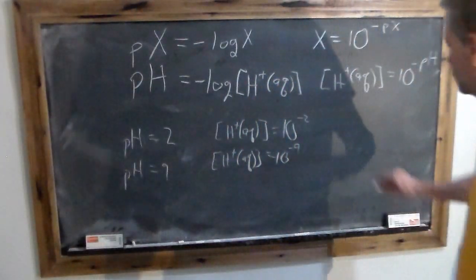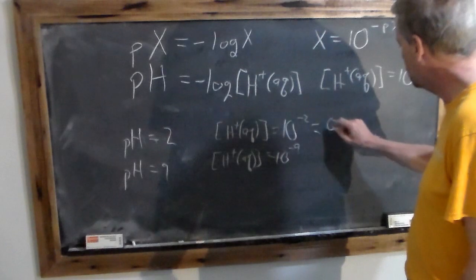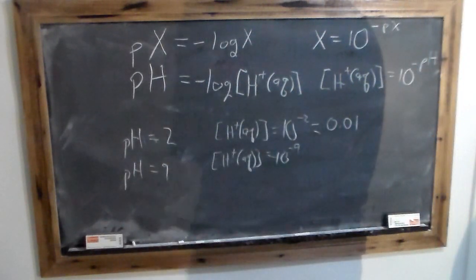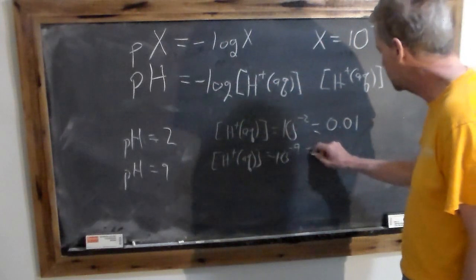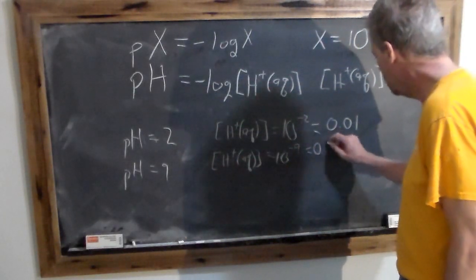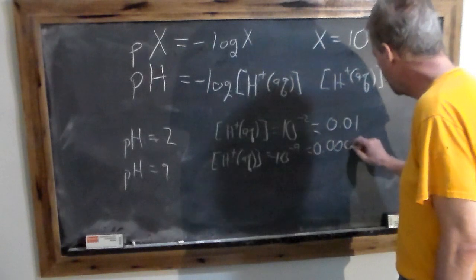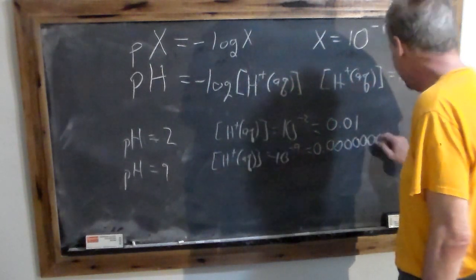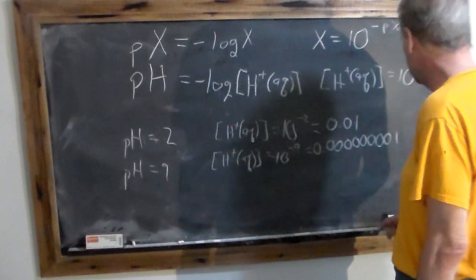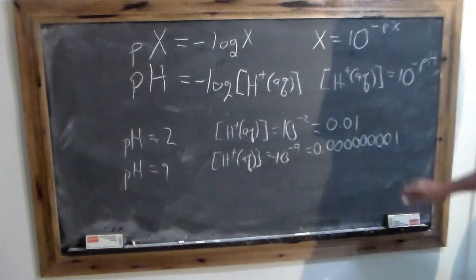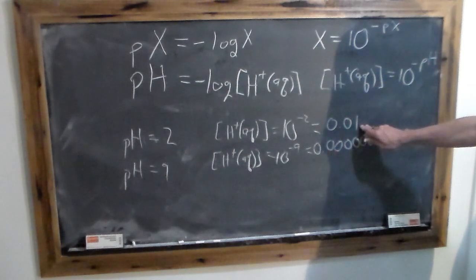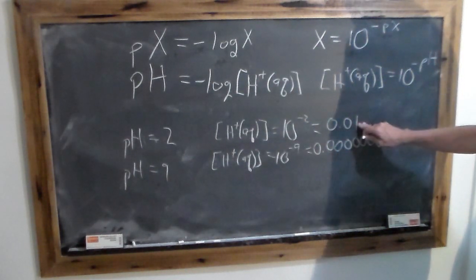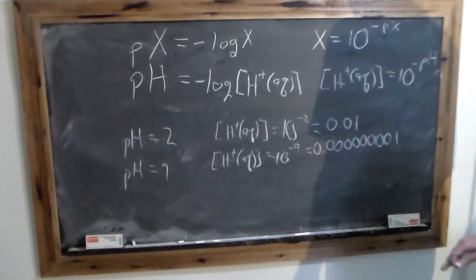Or 0.01, as opposed to this one, which is 0.1, 2, 3, 4, 5, 6, 7, 8, 9. You can see that pH of 2 has a much higher concentration of your hydronium ion than the pH of 9.